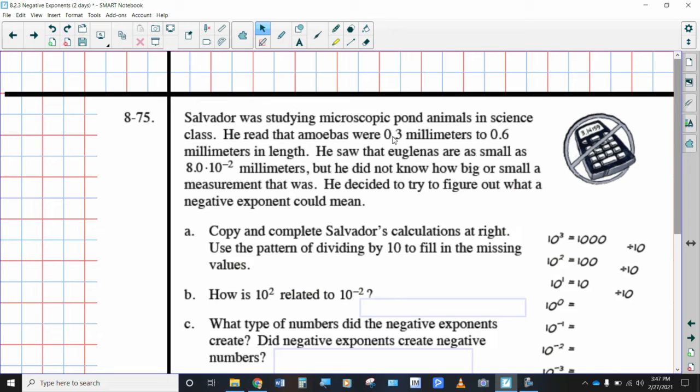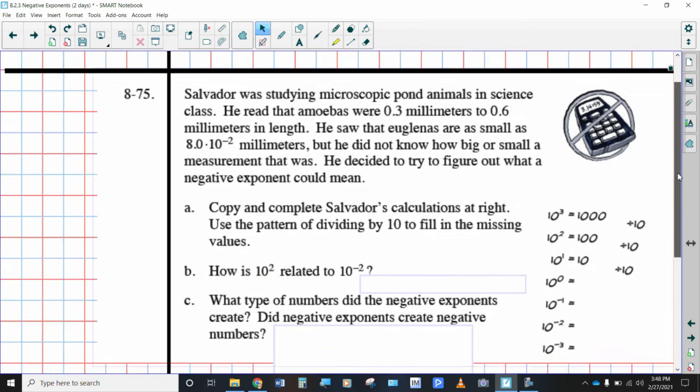He read that amoebas were 3/10 millimeters to 6/10 millimeters in length. He saw that euglenas are as small as 8 times 10 to the negative second millimeters. But he did not know how big or how small a measurement that was.